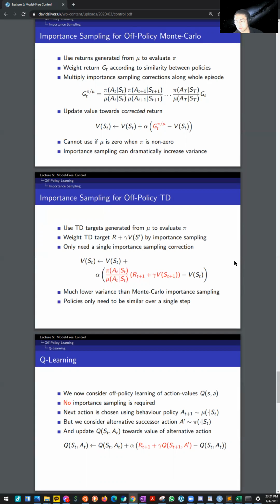In this context, intuitively, this term means how much we can trust this target by assigning some kind of weight. If they match perfectly, if the numerator and denominator are the same, then the value becomes 1. So it just becomes a perfect setting for on-policy, which didn't need to have this kind of consideration.